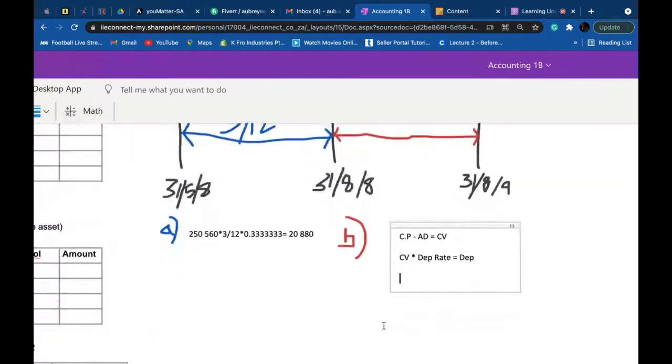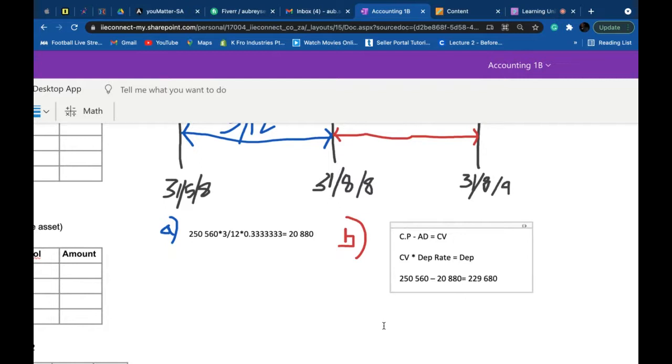So we know that our cost was 250,560. We know that our accumulated depreciation up until that point was 20,880, that we calculated in the previous period. So you say minus that 20,880. And then what's our carrying value? 229,680. Thank you very much.